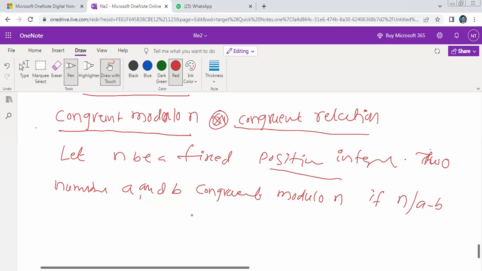This is denoted by a is congruent to b modulo n.